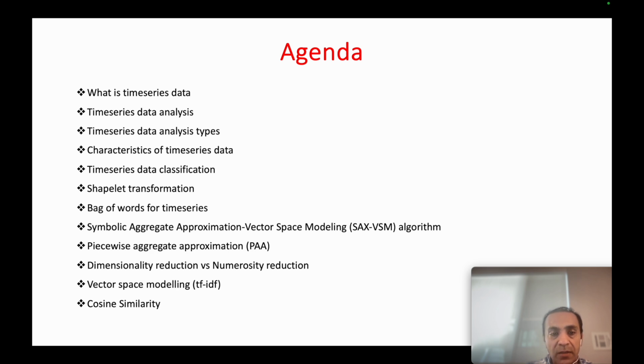And another method embedded in SAX-VSM is called vector space modeling, or TF-IDF, that we use. So I will show you that as well. And finally, I will show you the method called cosine similarity that we use here to identify labels for the testing data once we have the labels for the training data.